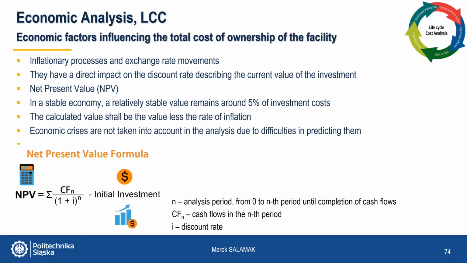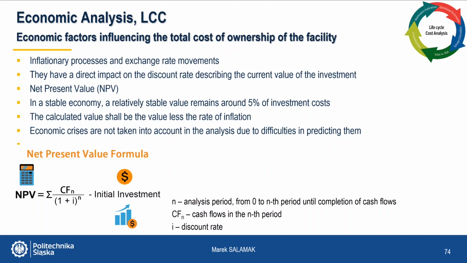In addition to the above-mentioned variables related to the structure in terms of construction processes, many economic factors that treat the facility as an investment affect the analysis final result. These factors are primarily macroeconomic elements such as inflation processes or changes in exchange rates, which directly impact the discount rate describing the current value of the investment.